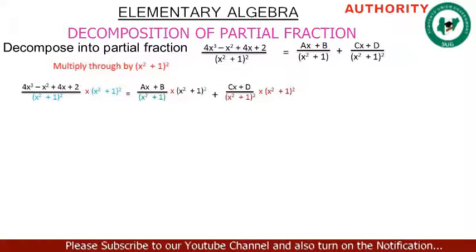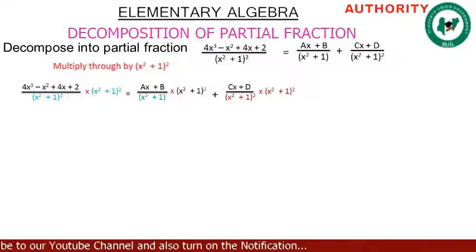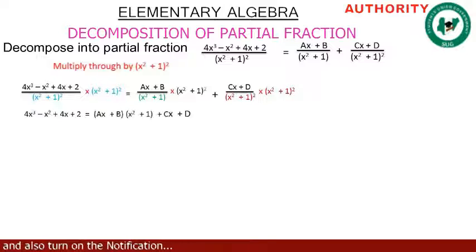And then on the other side, x squared plus 1 squared, we cancel x squared plus 1 squared. So after cancellation, we have 4x cubed minus x squared plus 4x plus 2 equal to ax plus b in bracket, then x squared plus 1 in bracket plus cx plus d.